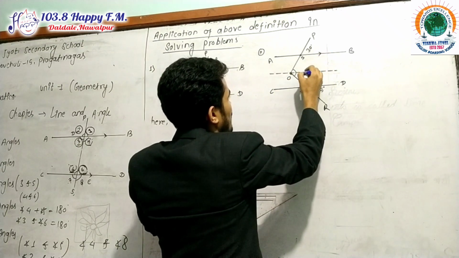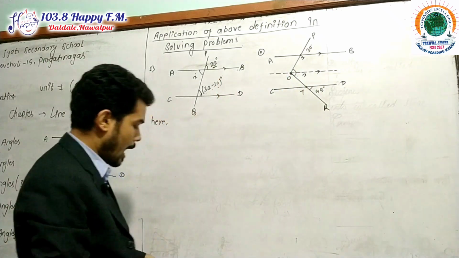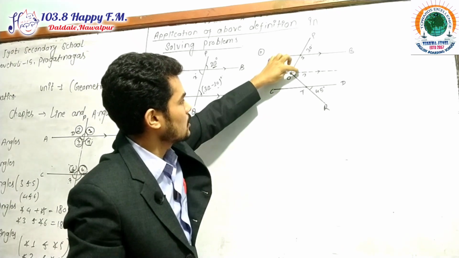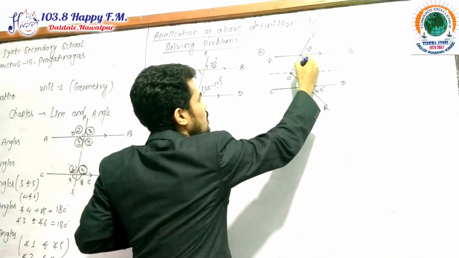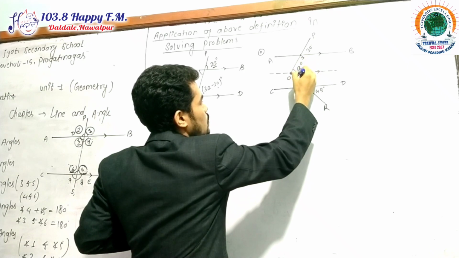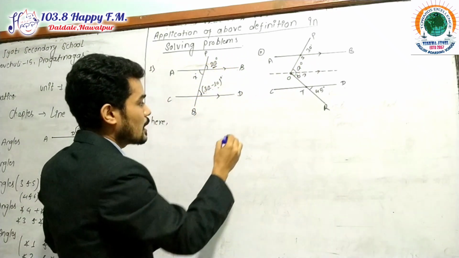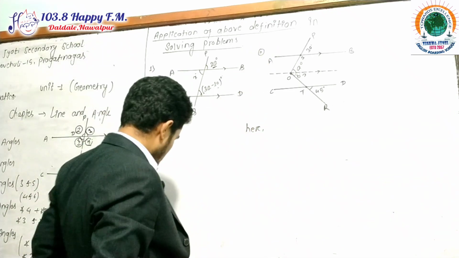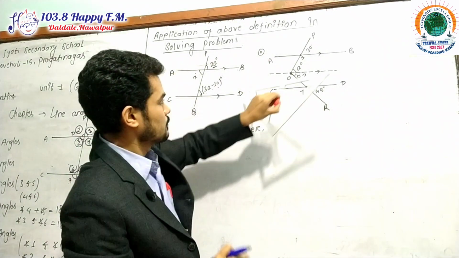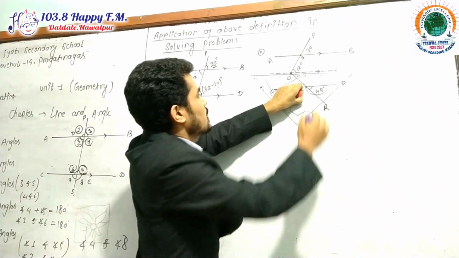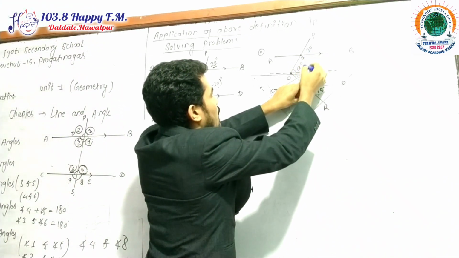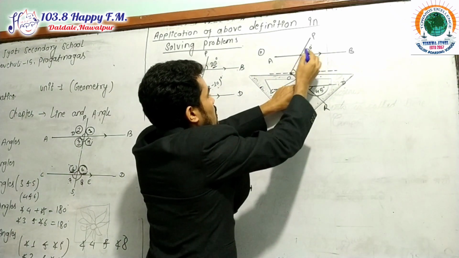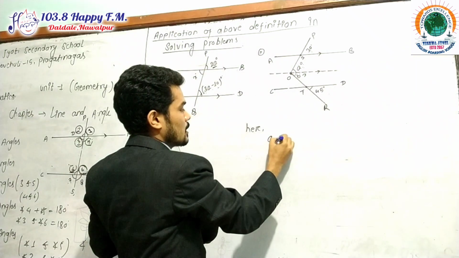This is x, the whole angle is x. Now this whole angle x is divided into two parts, this upper part and lower part. Let us consider the upper part as angle A and the lower part as angle B. Here, A and 30 degree are corresponding angles, and corresponding angles are equal.